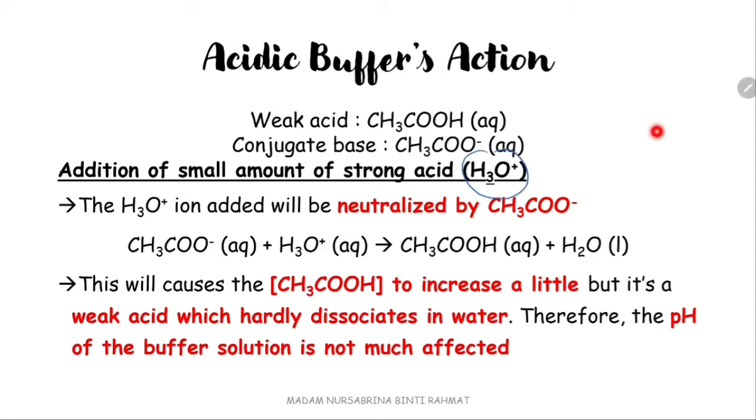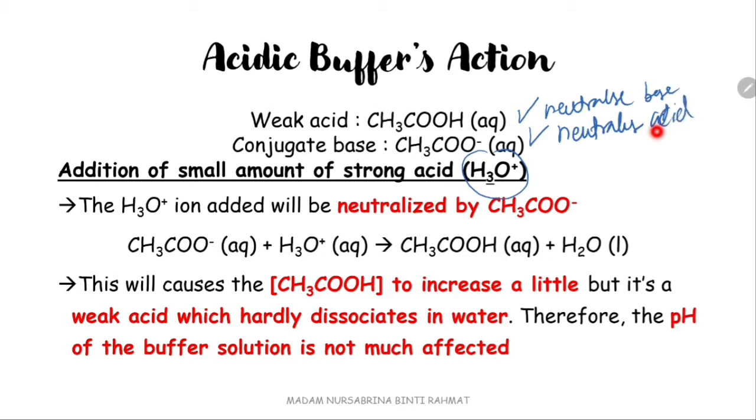We have two components that make up our acidic buffer solution: the weak acid and the conjugate base. Each will neutralize its opposite component. So the weak acid will neutralize any base added, whereas the conjugate base will neutralize any acid added to it.